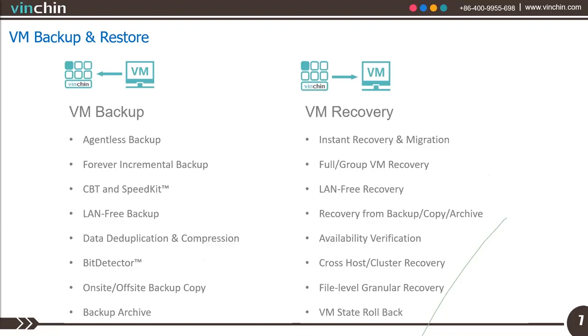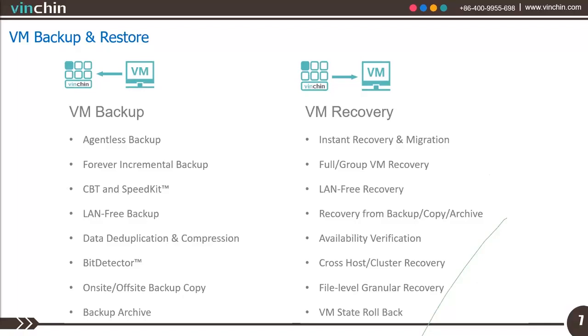For virtual machine recovery, we have instant recovery and migration, full and group virtual machine recovery, LAN-free recovery, cross-host or cross-cluster recovery, recovery from backup, recovery from backup copy, and recovery from backup archive. So you can have a lot of means to bring your virtual machine back online.